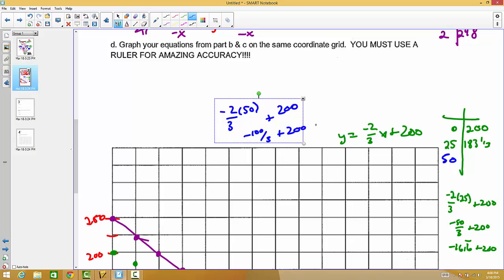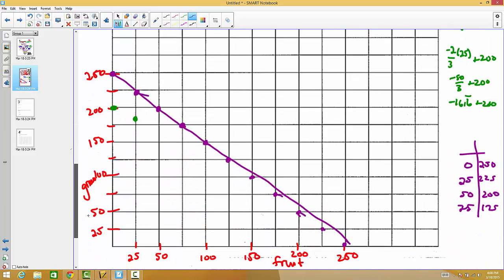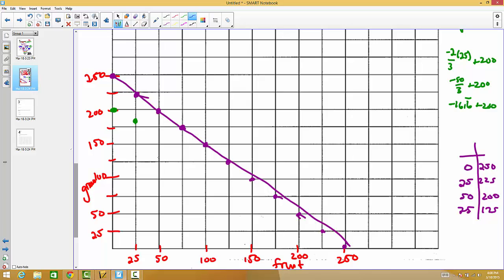So if you put that in the calculator, it'd be negative 33 1/3 plus 200. So that would be 166.6 repeating, or 166 2/3. So 50 gives 166 2/3.